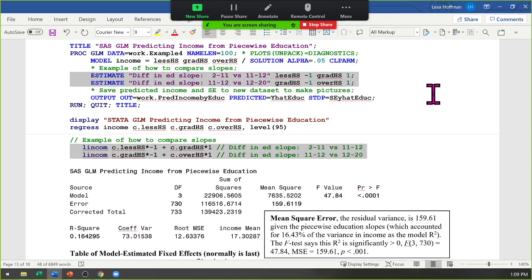And I'm also comparing the effect of graduated high school to the effect of over high school. And so this is something I'm asking you to practice in your homework as well. So when we see the results, I think it will make more sense why one would want to do this. But this is the execution, how you can compare the effect of the slopes that are already estimated as part of your model.